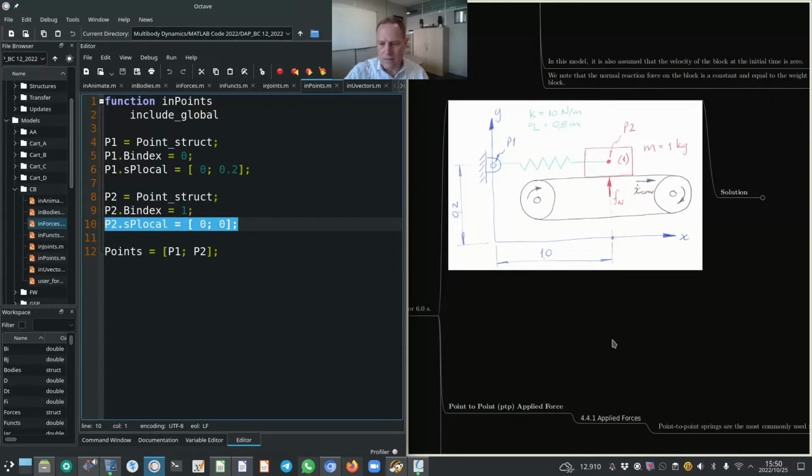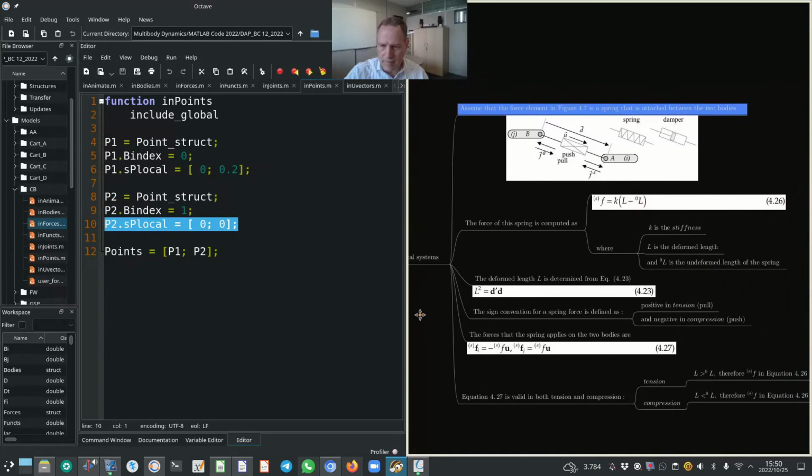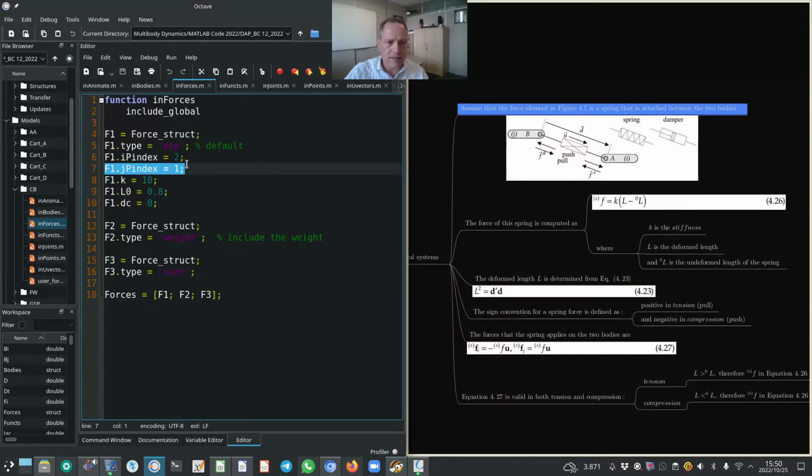Okay, so if we now scroll back to this explanation of a spring force and we look at the input parameters, the index IP is point 2, which is on our block, if you remember, and point index JP is on ground, that's point number 1. Okay, straightforward.